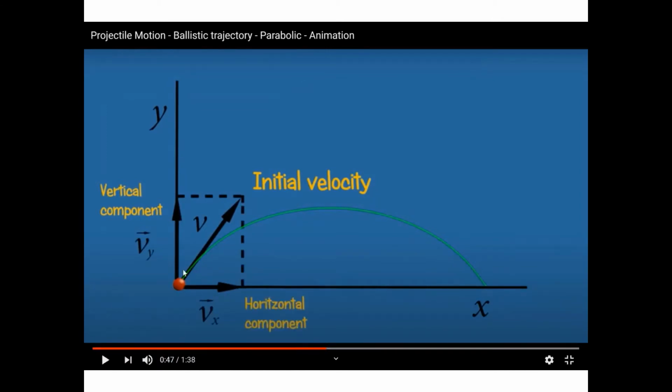This initial velocity has an inclined angle, theta, with the horizontal. That means we will have two components of the velocity: horizontal component, Vx, and vertical component, Vy.